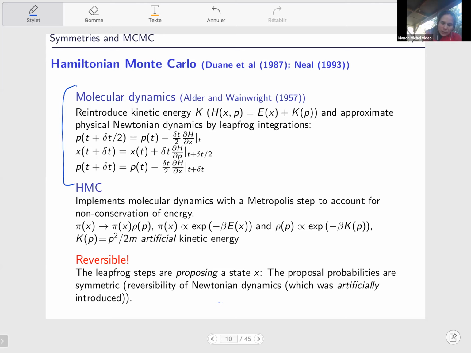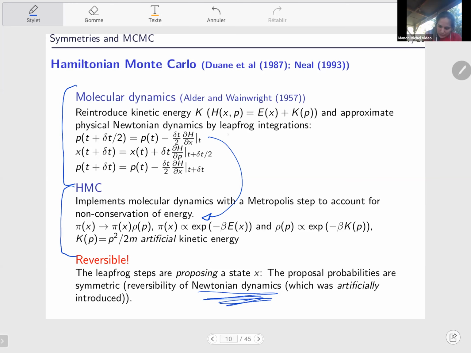And then if you want to make it into a correct sampling algorithm, you just add a Metropolis step to account for the non-conservation of the energy that is introduced by the leapfrog integration. And actually, what is making this algorithm correct is the reversibility of the Newtonian dynamics and of this leapfrog integration.